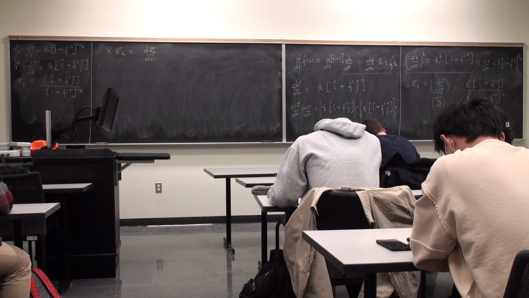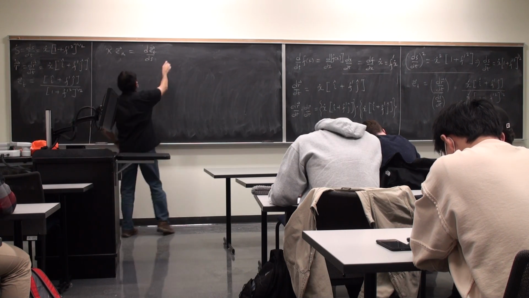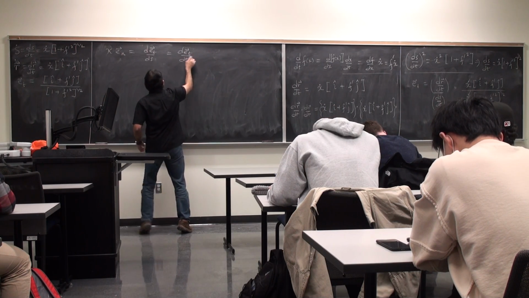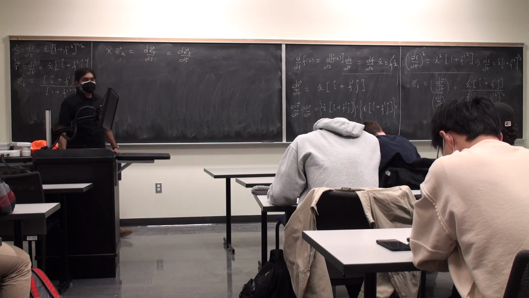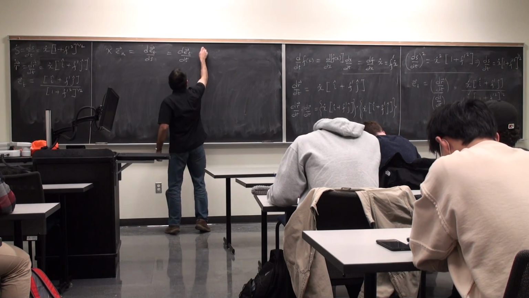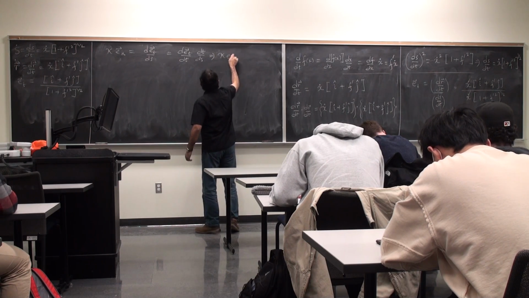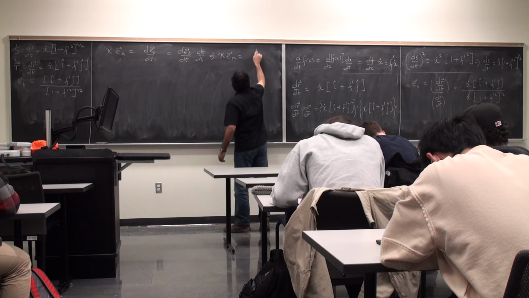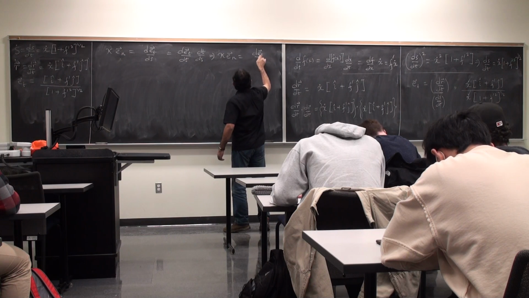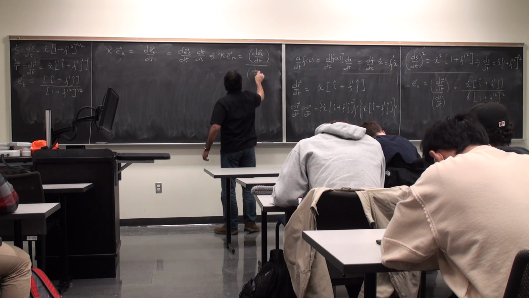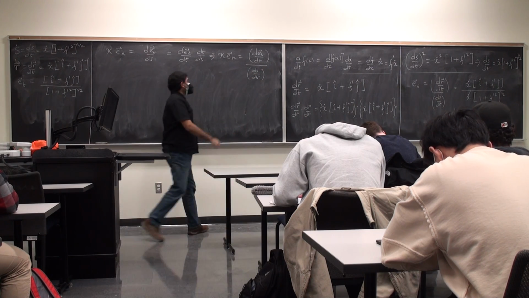Chain rule. This is dE_t by dt times dt by ds, or dE_t by dt by ds.